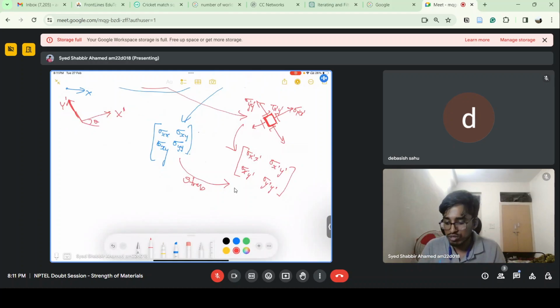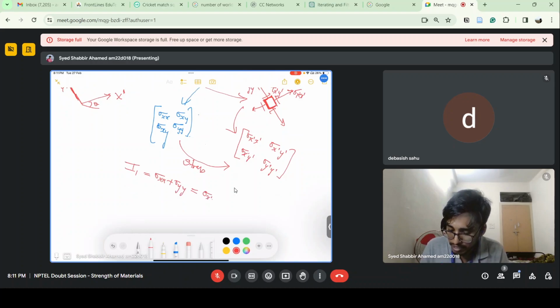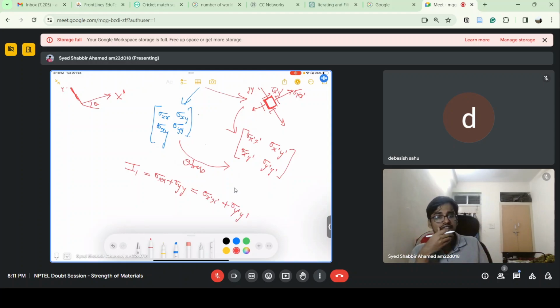Those are called invariants. Here, the first invariant is sigma xx plus sigma yy, the sum of the principal diagonal elements. In the second reference coordinate system, it is sigma x'x' plus sigma y'y'. This is the first invariant.